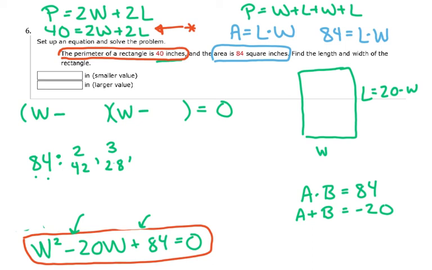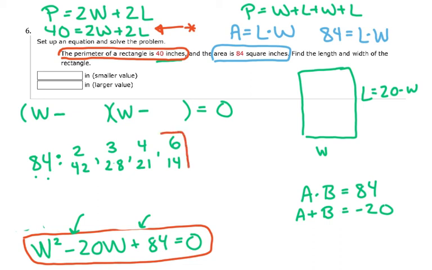Now 3 and 28, I cannot use those two numbers to get negative 20. 4 divides 84, 4 times 21. That doesn't work either, so I'm going to keep going. 6 divides 84. I know 5 doesn't. 6 divides 84, and we have 14.